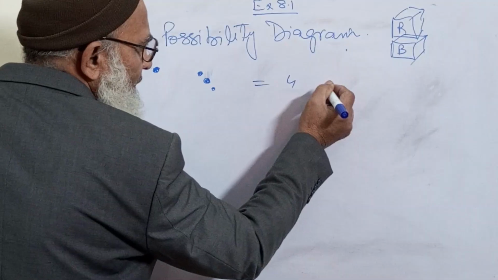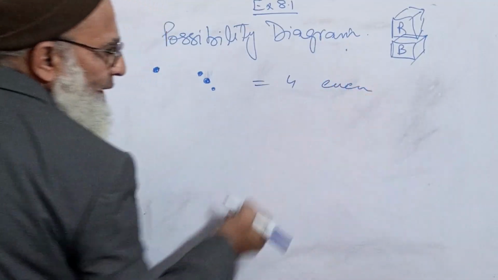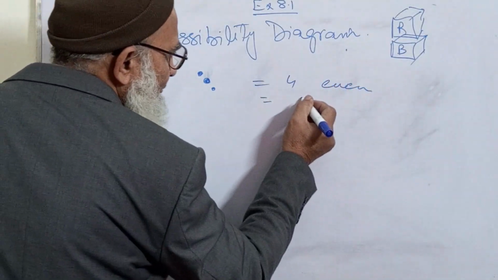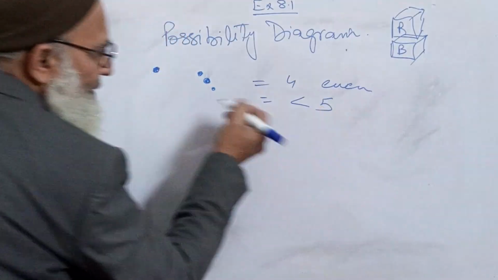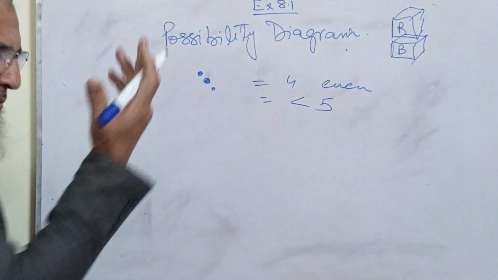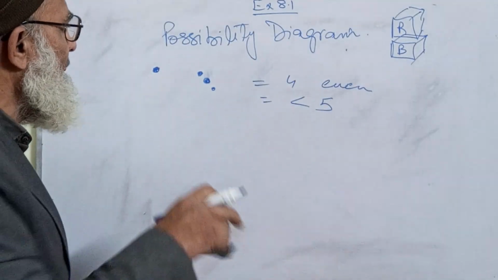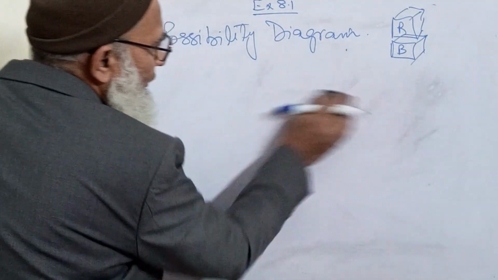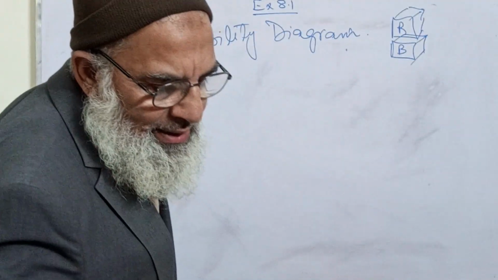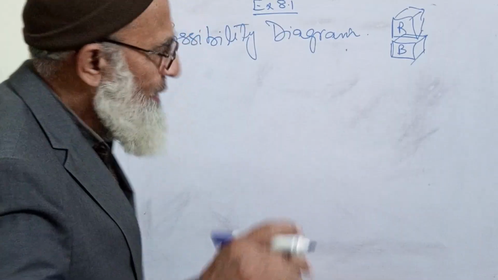It is an even number, and it is less than 5 also. So there are different probabilities, but we have to study the sum is 7.